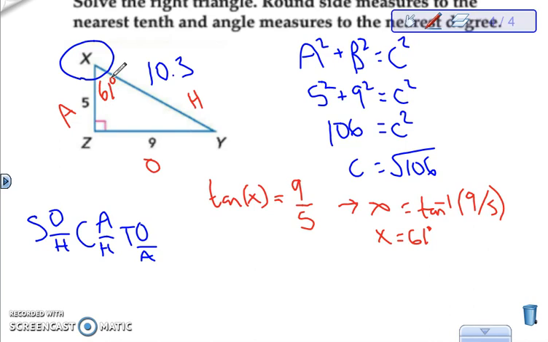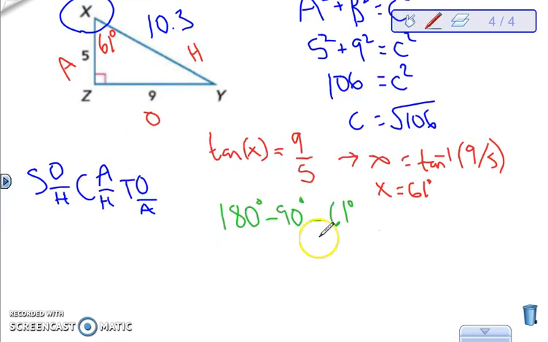And then to find angle y, right, we just have to remember that all the angles of the triangle should add up to 180 degrees. So if I take 180, subtract out 90, and then subtract out the 61 that I had, that should give me about 29 degrees.